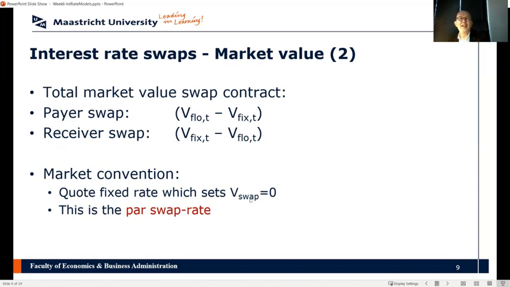So it looks more like a forward contract, where the forward price is the price that makes the forward contract have a market value equal to 0 today. And this magical fixed rate that makes the contract equal to 0 is known as the par swap rate.